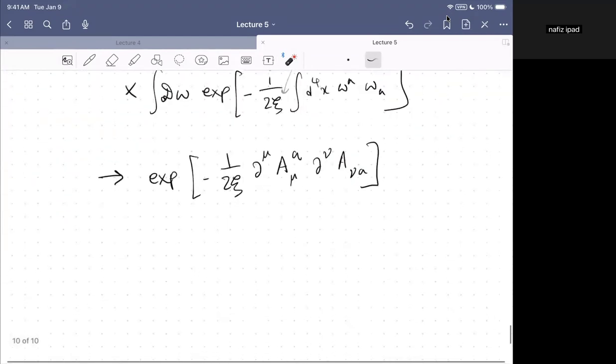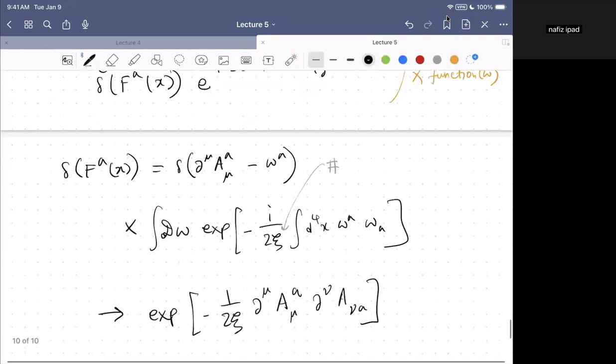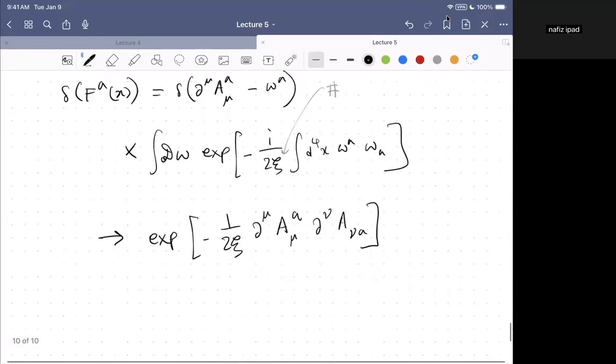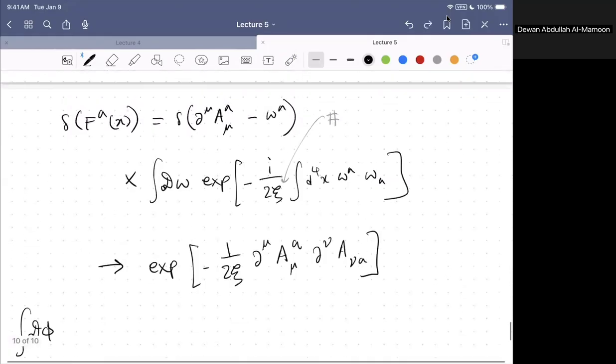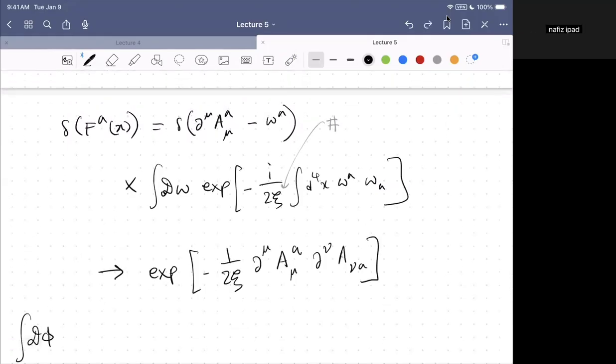now let's look at our final result. Now what we're left with is an integration over all of our fields. Should that be 1 over or i over 2 psi? Yeah, that's right. Maybe I missed an i somewhere. Here it looks like there should be an i, right? Yep. Okay. Thanks.